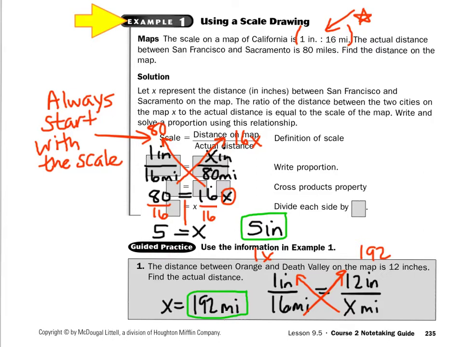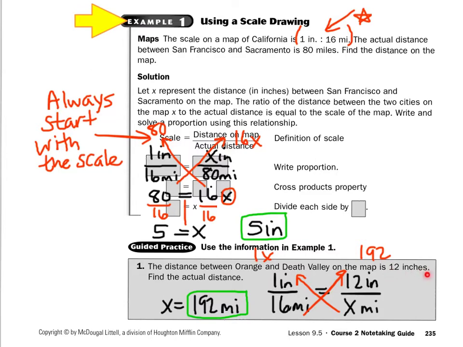Look at the guided practice. They want us to use the same information from example 1. So the distance between Orange and Death Valley on the map is 12 inches. Find the actual distance. Okay, so always start with a scale. So 1 inch over 16 miles, that was a scale. Put your equal sign, draw your fraction bar, and then put inches over miles.